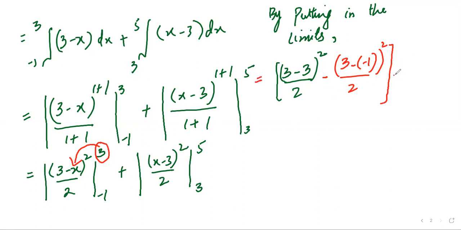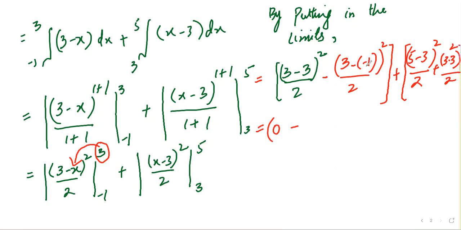And now the next function, by substituting the values of x with 5 and 3, so it would be 5 minus 3 square divided by 2, and then plus 3 minus 3 divided by 2 square. So इधर आंसर तो सीधी सी बात है, 0 आएगा.